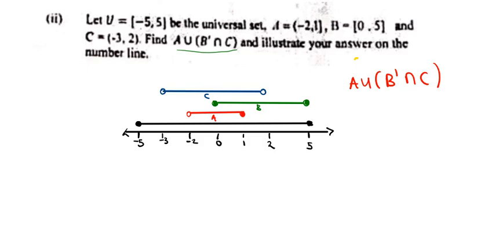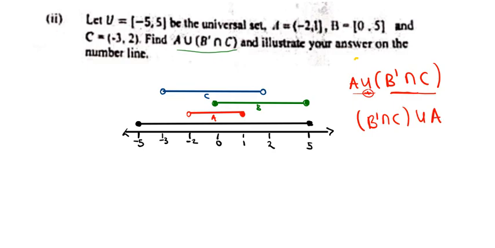Now these brackets are telling you to prioritize. Union, you remember, is just an addition. So let me write this question as B complement intersection C, then union A, so that I prioritize what is in the bracket.